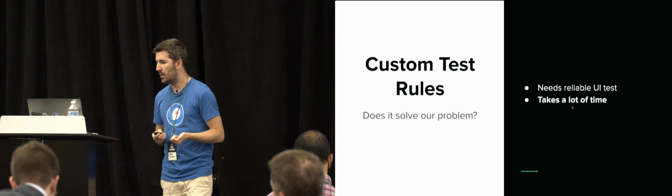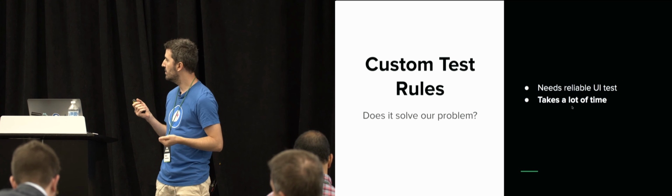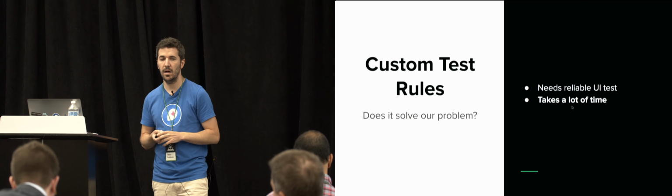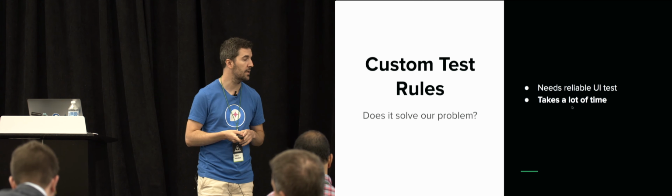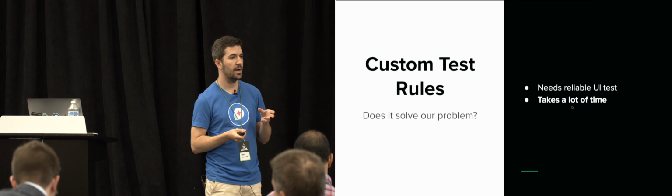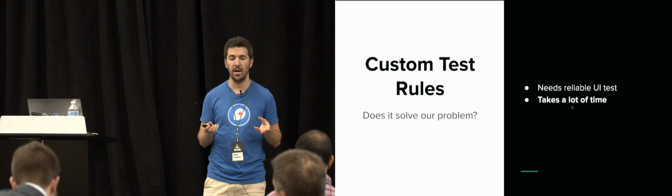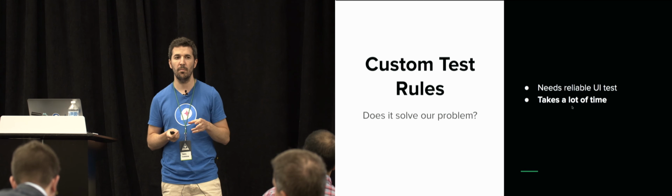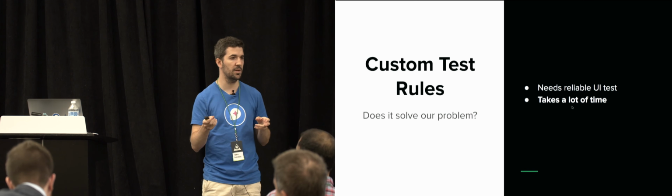Another problem that we ran into was that this takes a lot of time, especially in our case. We have these control routes that go from 2 minutes up to 10 minutes.